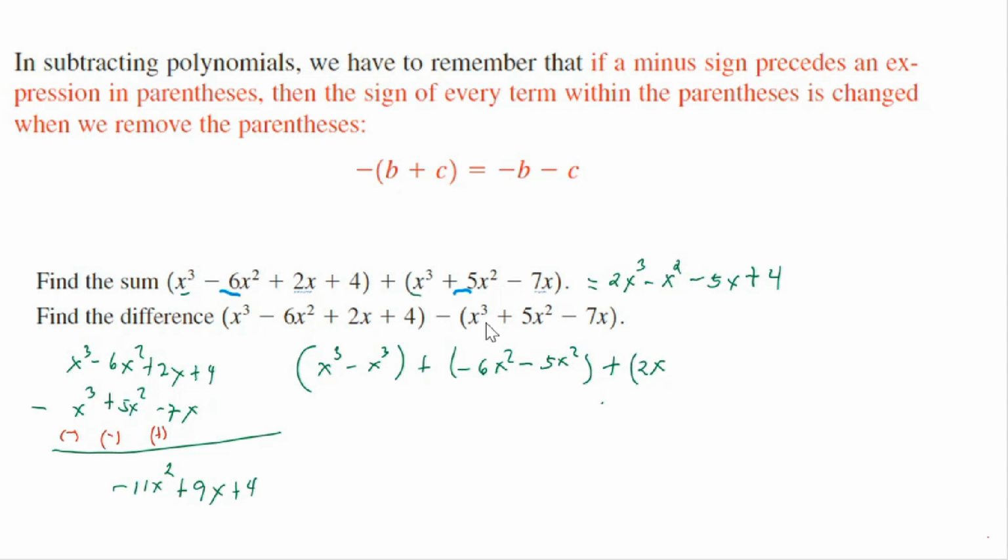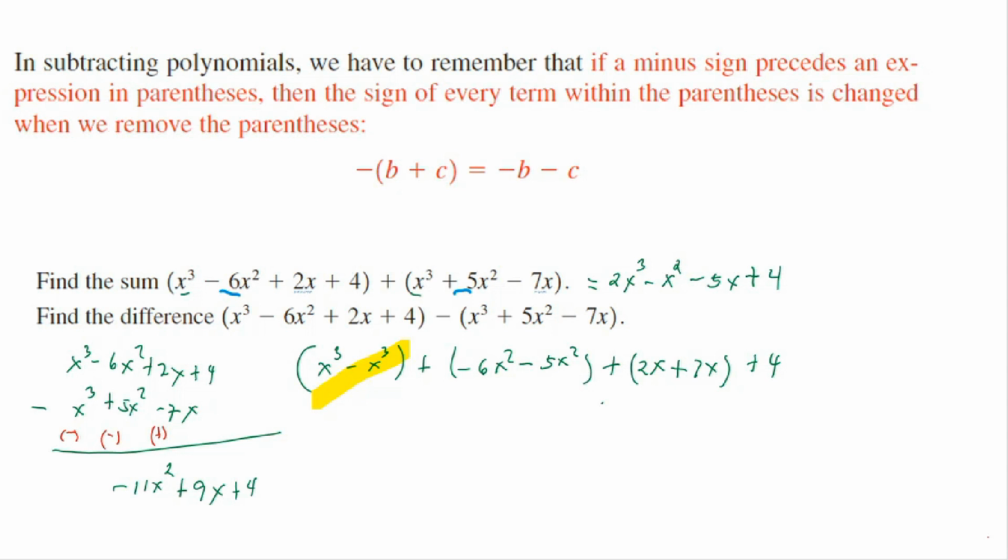We have here negative of negative becomes now positive 7x and positive 4. So simplifying this one, we have x cubed minus x cubed is 0, and negative 6x squared minus 5x squared. Since they are the same sign, I will add their coefficients.